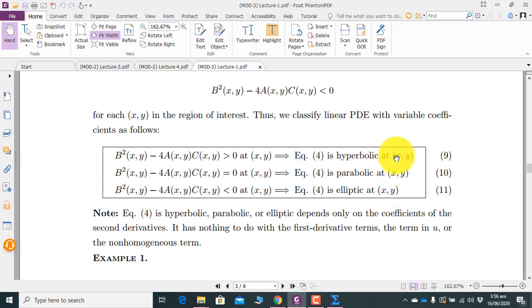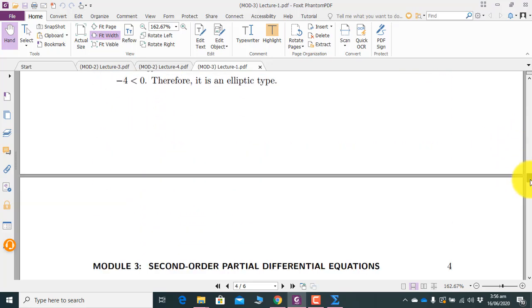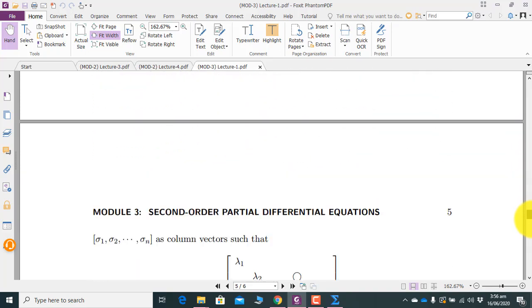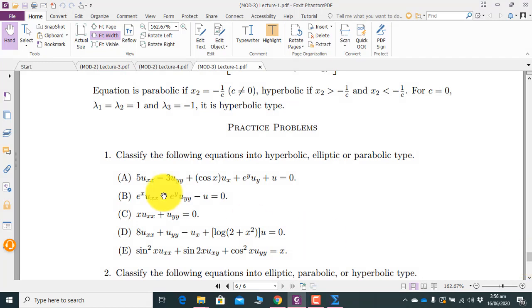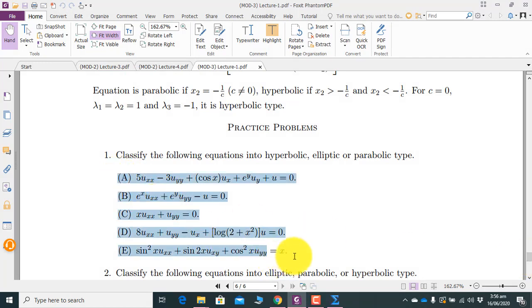You also have to specify the variables x and y. Thank you very much, and try to solve these problems, just to observe and analyze in which region the given equations will be parabolic, elliptic or hyperbolic.